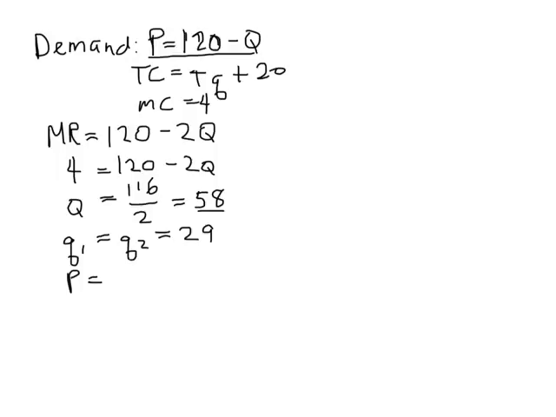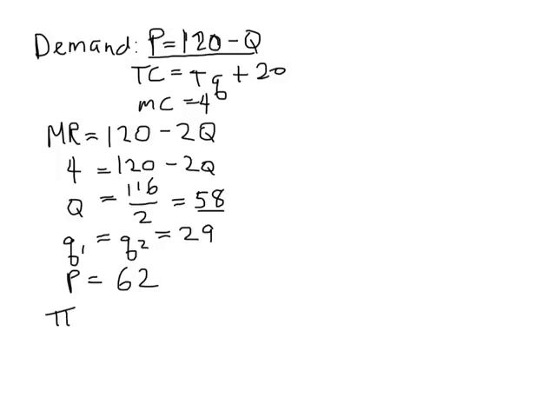So 120 minus 58 is 62. Say 120 minus 20 gets us to 100. That leaves us 38 more. That's 62. All right, sorry.